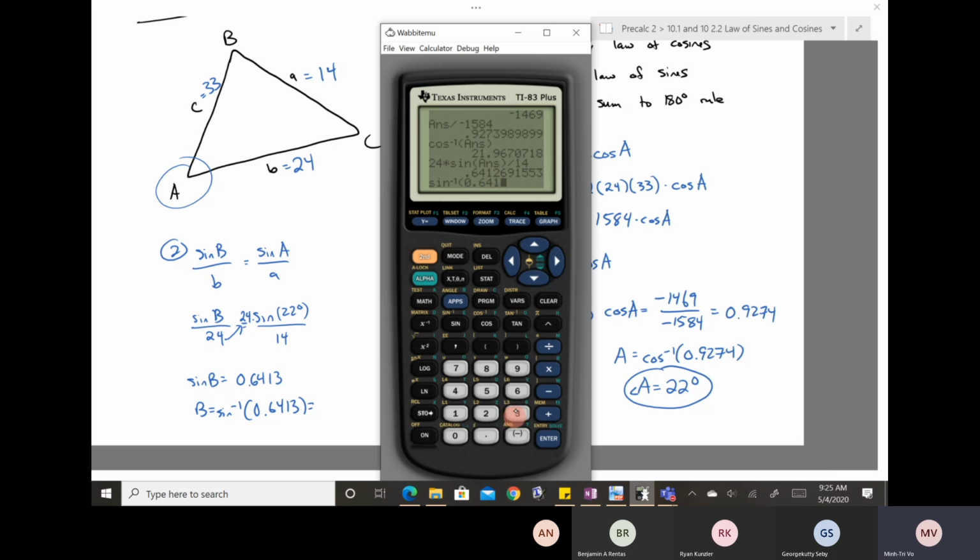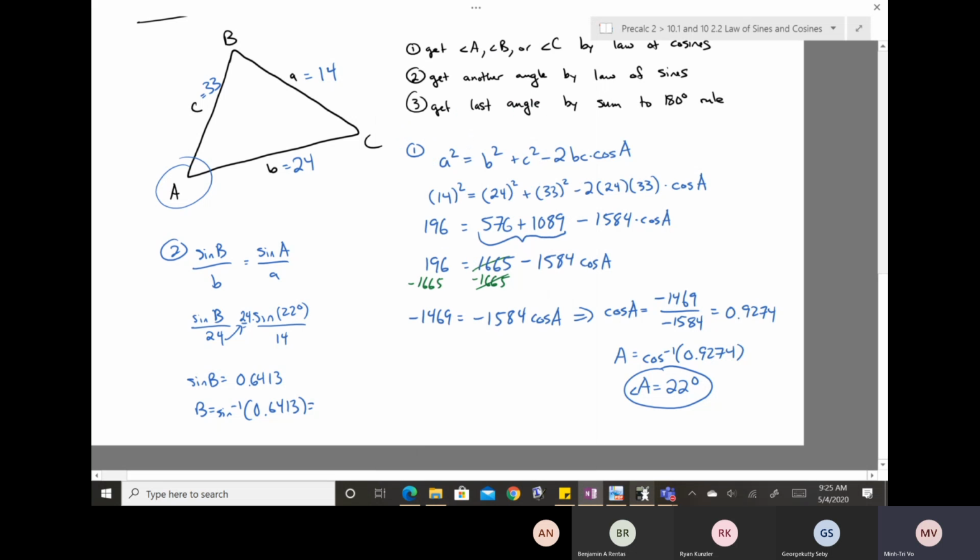I get about 39.9 degrees. So that's angle B. And then finally, angle C. I can just do the 180 degrees thing again: 180 minus 22 minus 39.9.